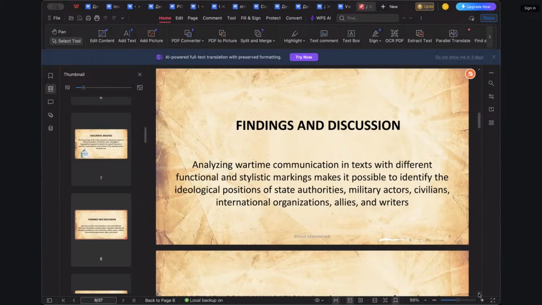In view of this, it is important to recognize that wartime communication in official and journalistic styles differs substantially from its manifestation in artistic discourse. Accordingly, in line with the objectives of the study, we will first examine the specific features of wartime communication in official and publicistic texts, and then proceed to the analysis of its implementation in artistic materials.